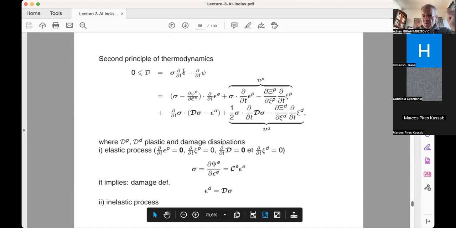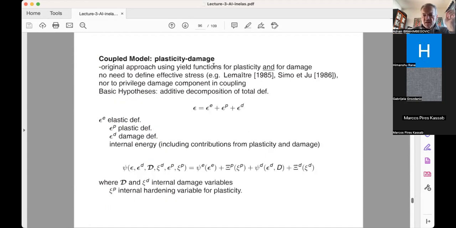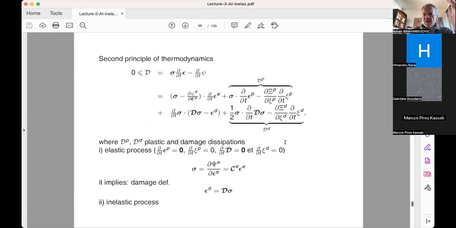Now, total dissipation will be stress power, sigma times epsilon dot, minus the material time derivative of the free energy that we just defined. Now the free energy having all these terms, you have to take partial derivatives. So when all is said and done, what you have is written here.